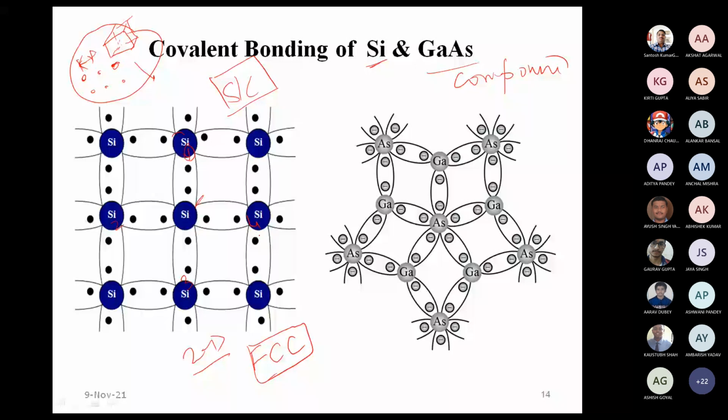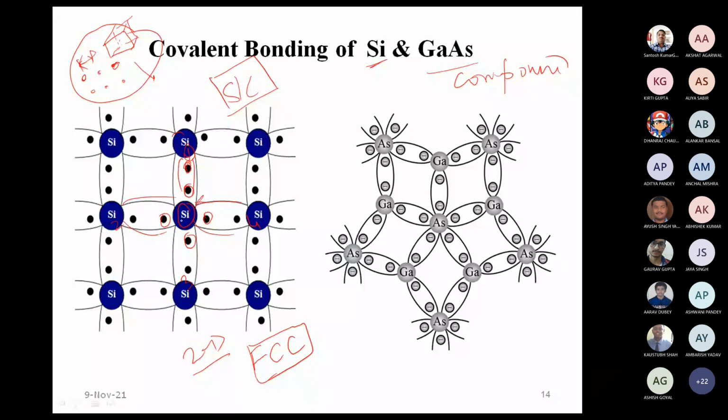Because we have just seen that there are four outermost electrons in silicon, each of the surrounding silicon atoms shares one electron with the other. That is how the covalent bonding is formed here. This is actually a kind of covalent bond.